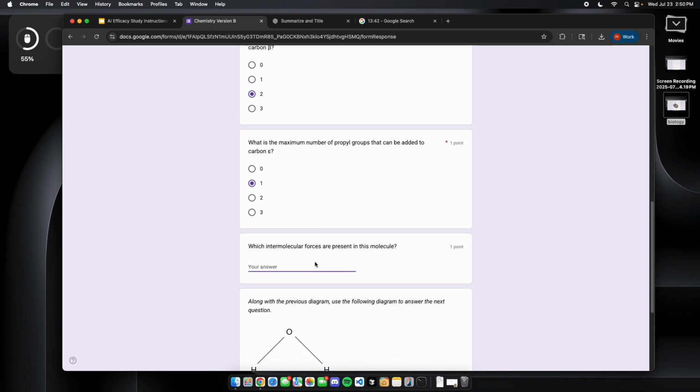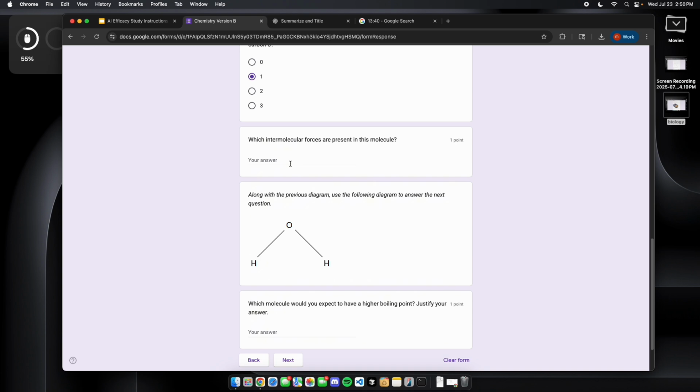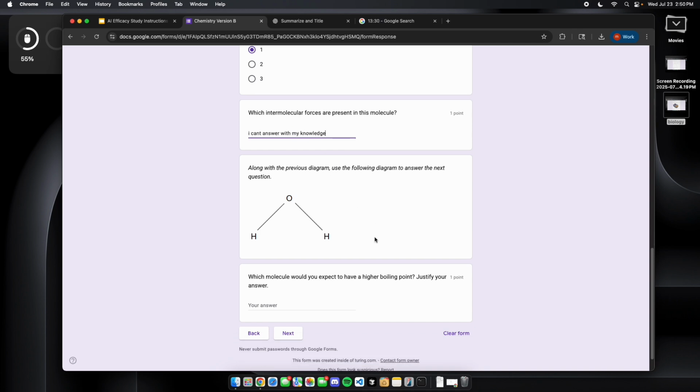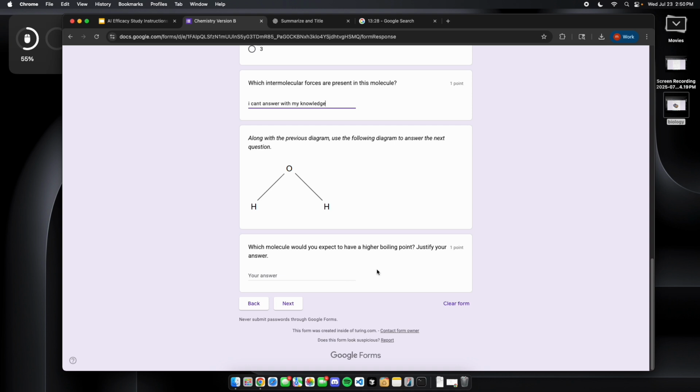Which intermolecular forces? I can't answer with knowledge. Along with the previous diagram, use the following diagram to answer the next question. Which molecule would you expect to have a higher boiling point? This is H2O.